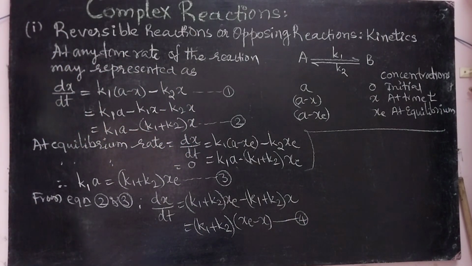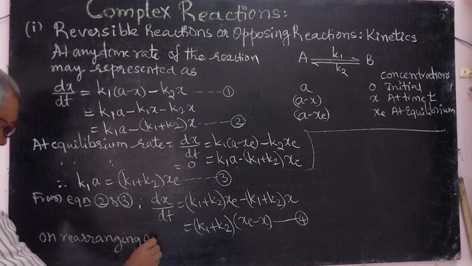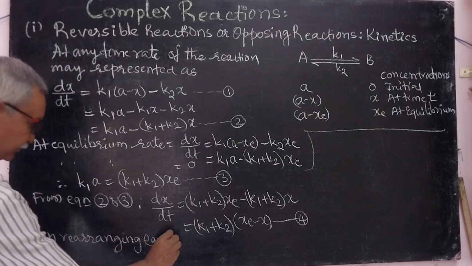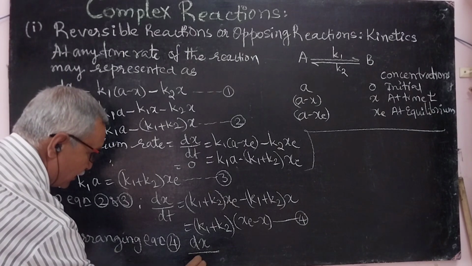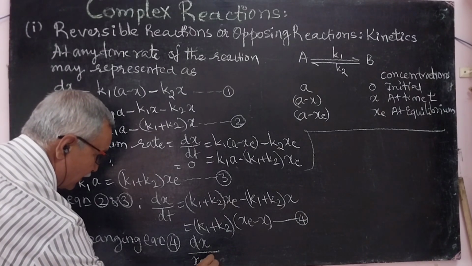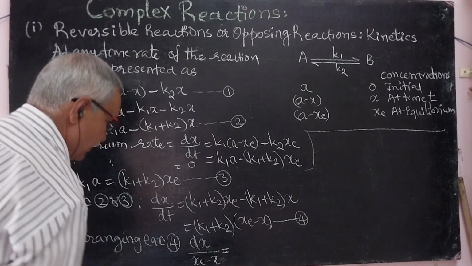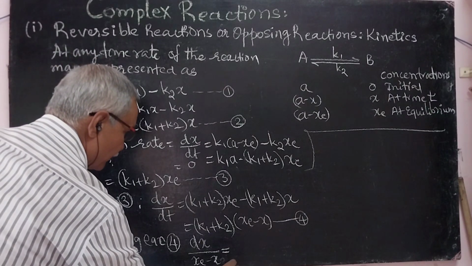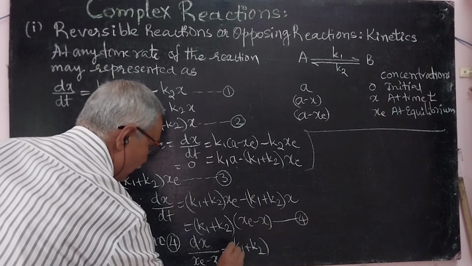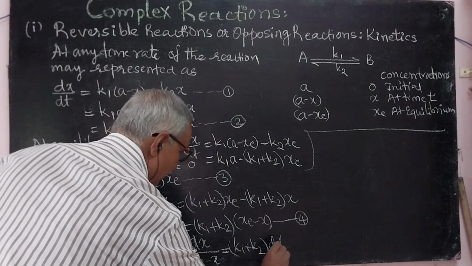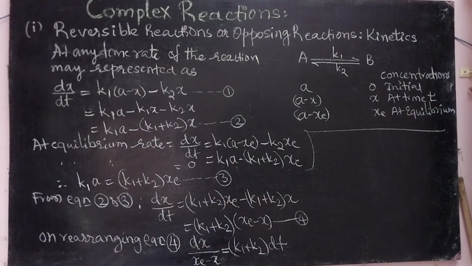On rearranging equation 4, we get dx divided by (Xe minus x) is equal to (K1 plus K2) into dt.